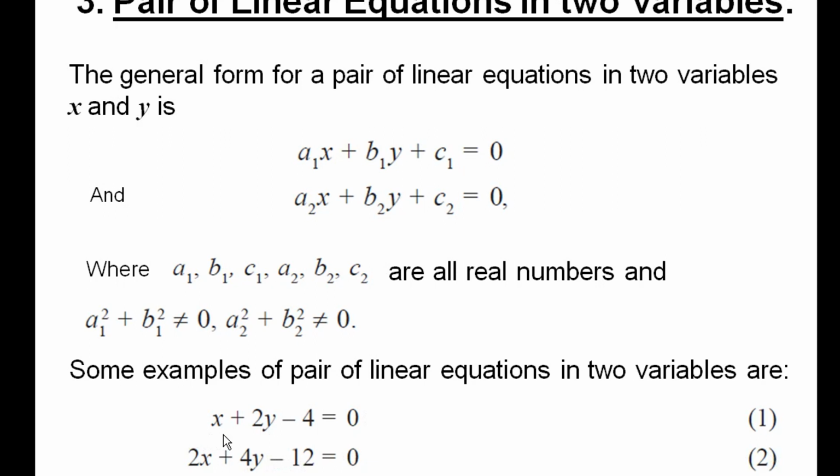So from the first equation, a1 is 1, that is the coefficient of x, b1 is +2, which is the coefficient of y, and c1 is -4. And from the second equation, a2 is 2, b2 is +4, and c2 is -12. Understood?